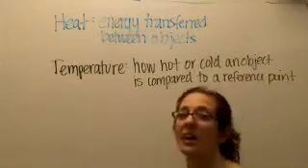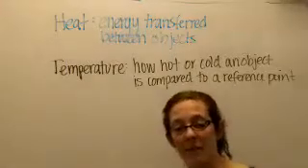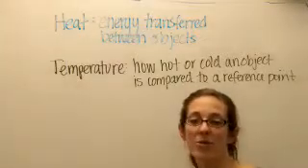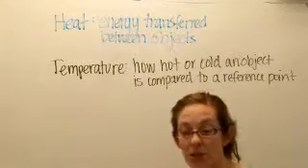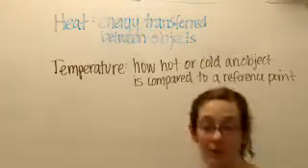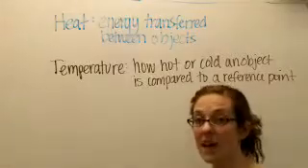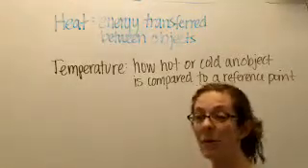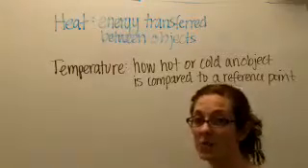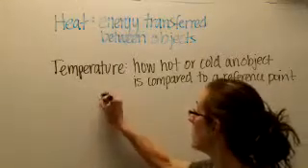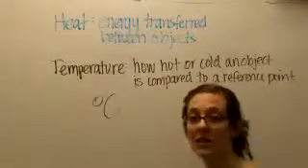We can then talk about temperature. And temperature is actually how hot or cold an object is compared to a reference point. We take the temperature of an object with a thermometer or with some sort of measuring device. And how do we decide how to label it? Well, we have a couple different temperature scales. One scale is in Celsius.